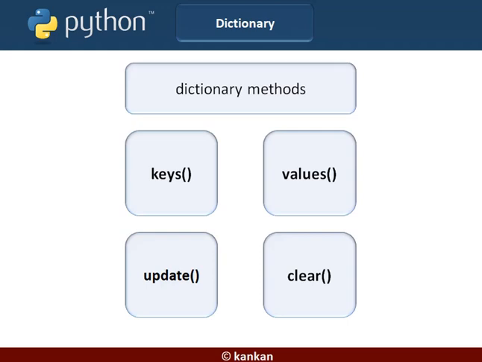Now consider a situation where you want to do some operation on a dictionary based on the keys and want to get all the keys in a different list.